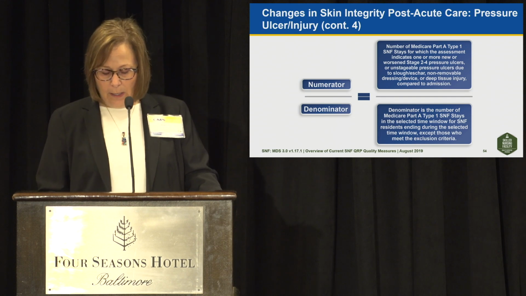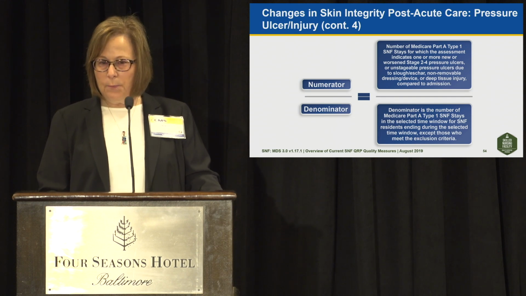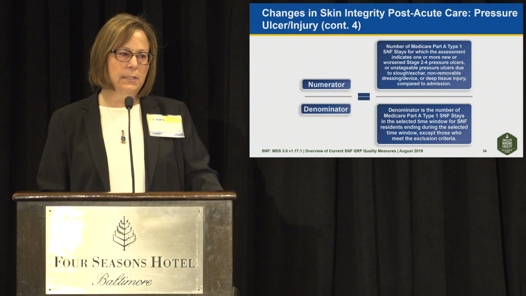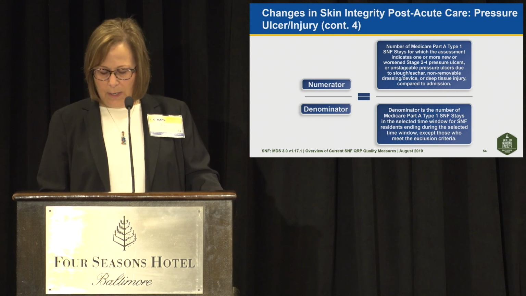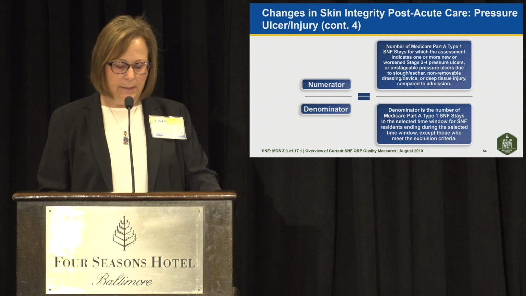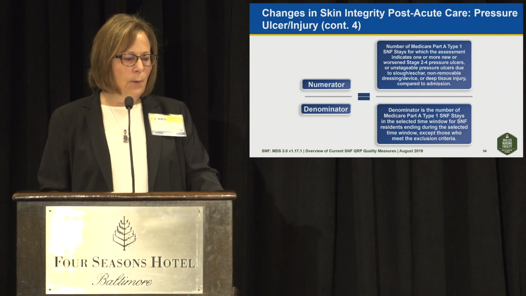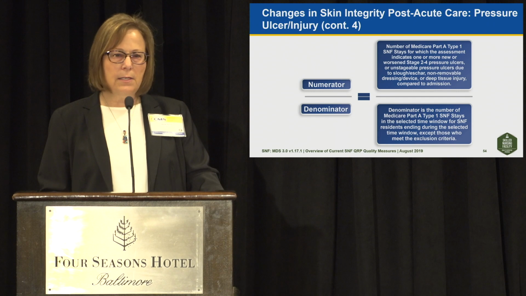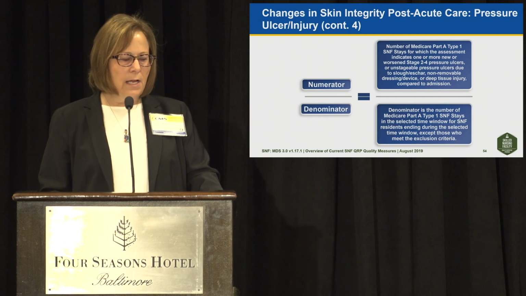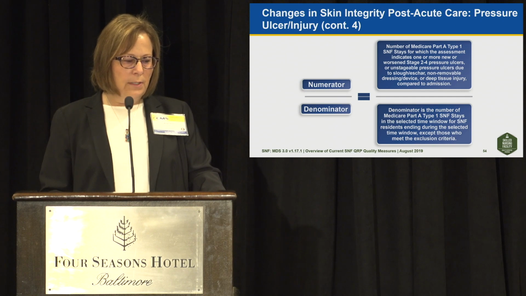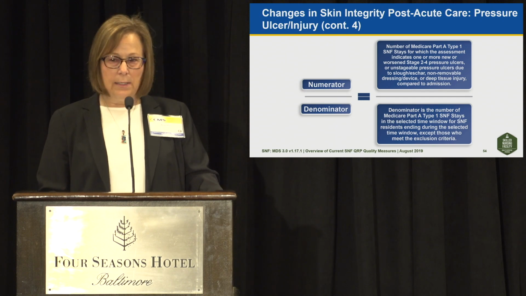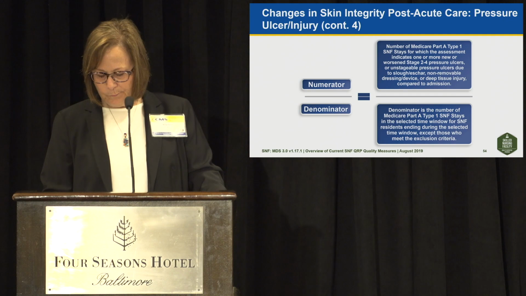Slide 54 is an illustration of how the SNF QRP quality measure, changes in skin integrity, post-acute care quality measure, pressure ulcer injury is calculated. The denominator is the total number of Medicare Part A SNF stays, Type 1, in the selected time window for residents ending during the selected time window, except those that meet the exclusion criteria.